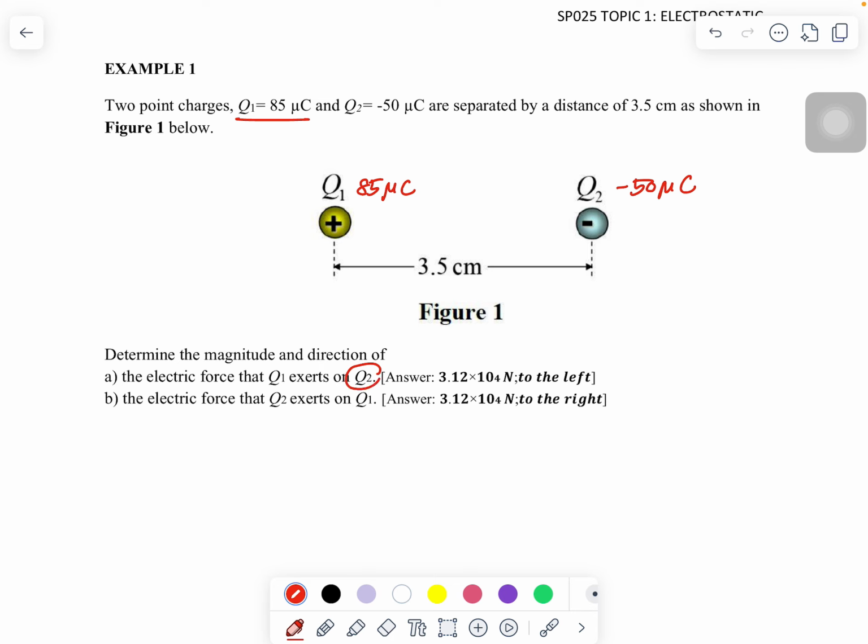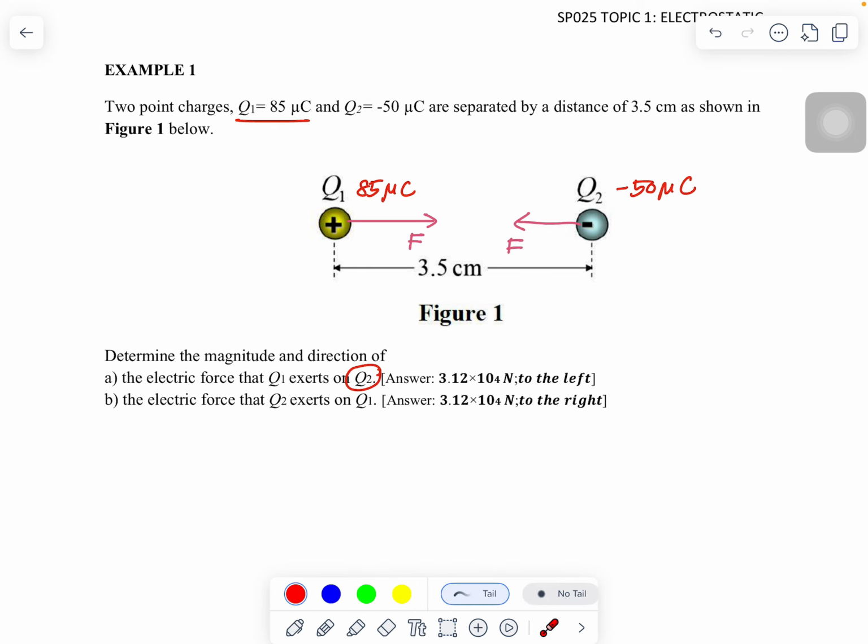Kita mau dekat Q2. So kita lukis dekat Q2. Tapi since kita ada dua sahaja charge, so dia lebih senang lah. So first lukis dahulu. Kita tahu dua-duanya akan attract each other. So dua-dua akan going towards each other. So bila label, ingat ini kita label dekat 2, so 2 di depan dan kawan dia 1. Yang ini kita label dekat 1 di depan, kawan dia 2.